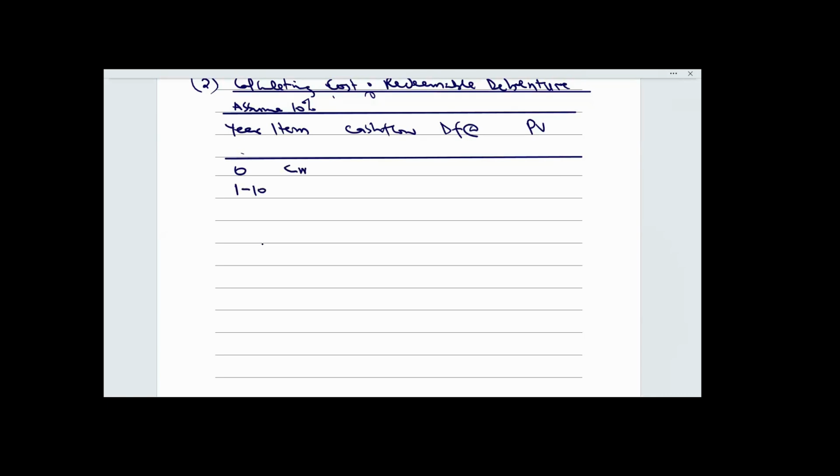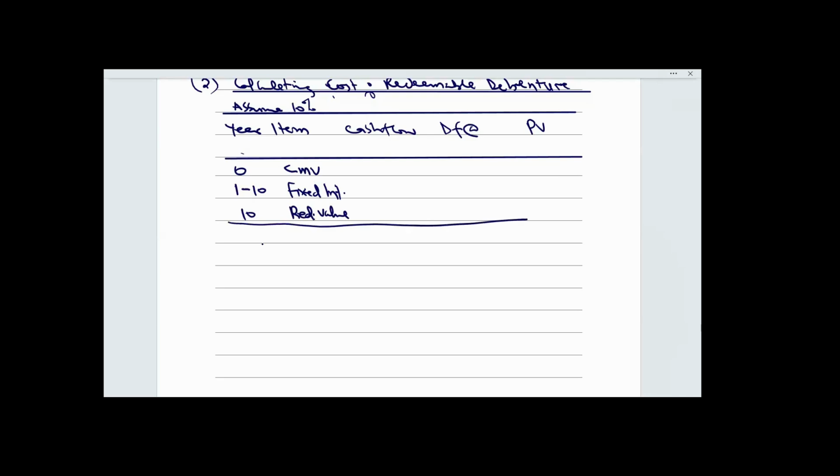Here is the current market value. Here is the fixed interest. Then at the final year, which is year 10, the company will redeem the debenture. How are we going to redeem the debenture? We are told it will be redeemed at par. So redemption value. So that's it.